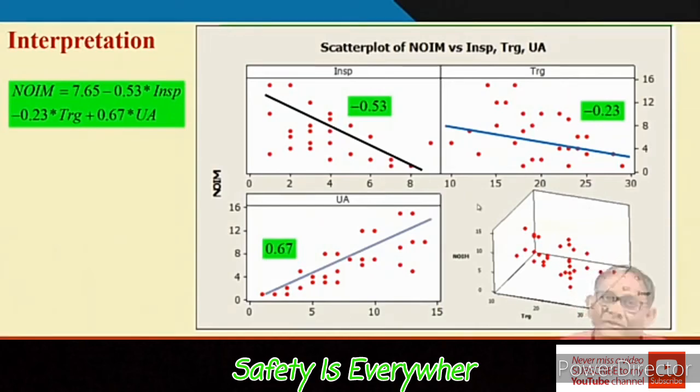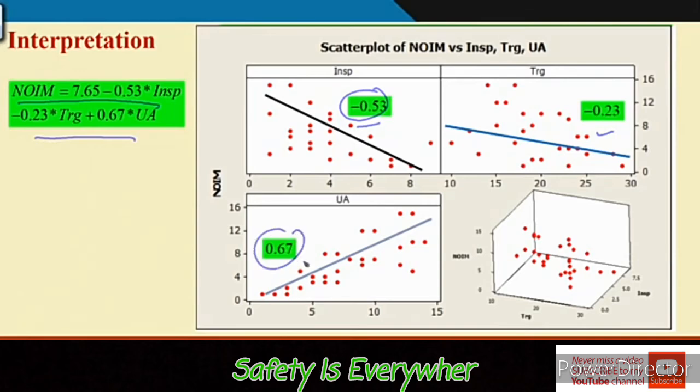Then I just finish this with the interpretation. So, what is the interpretation? We have accepted this model. This negative relationship is justified, the trend is negative, and this is positive, justified also. This is basically talking about training and inspection together with NOIM, for which we have shown a cube plot.